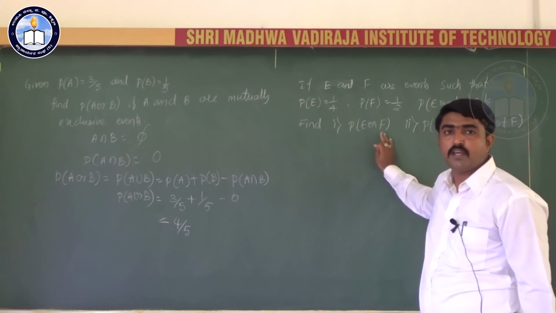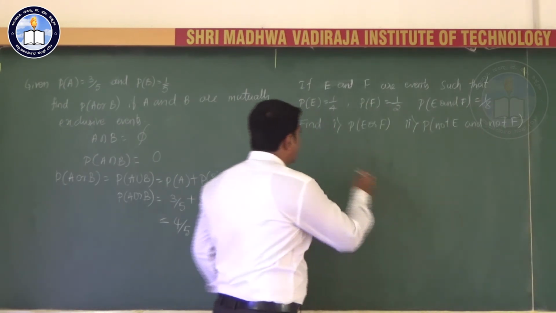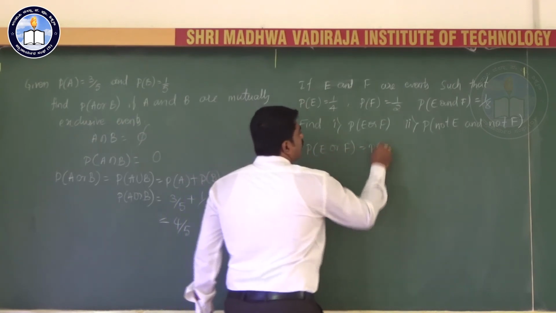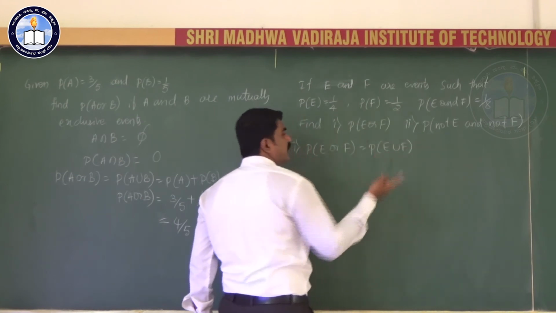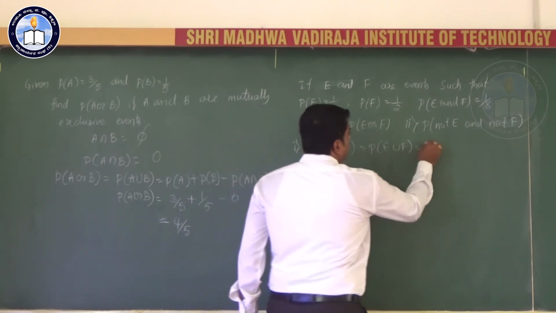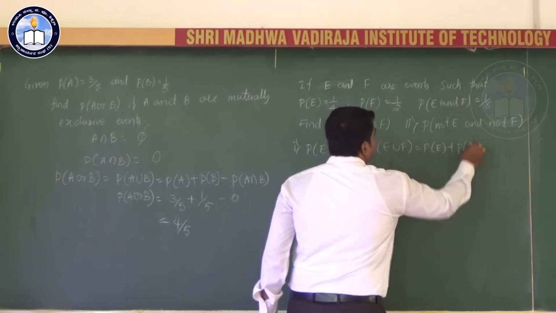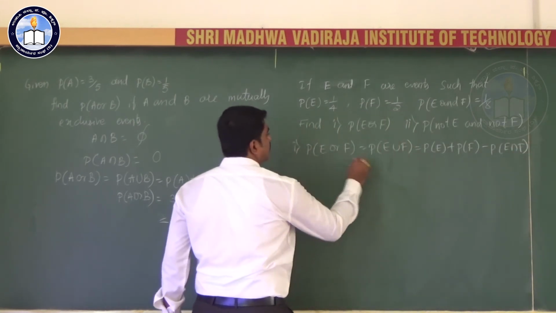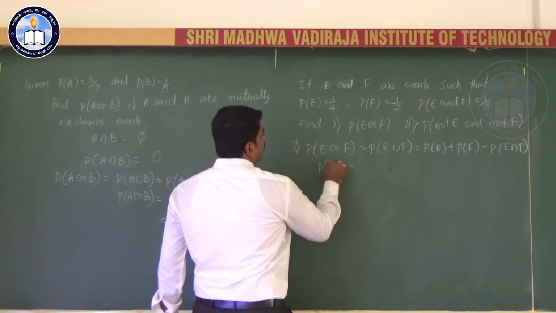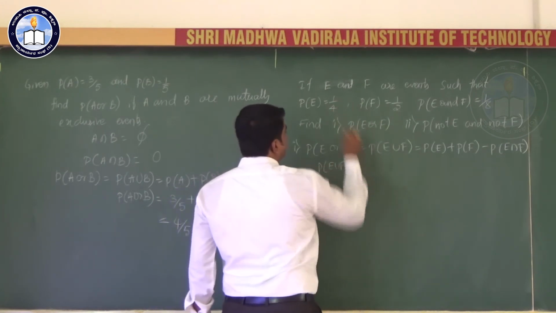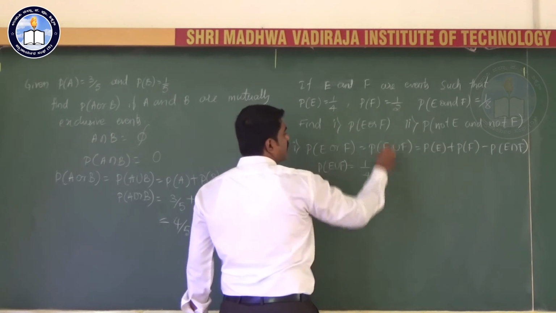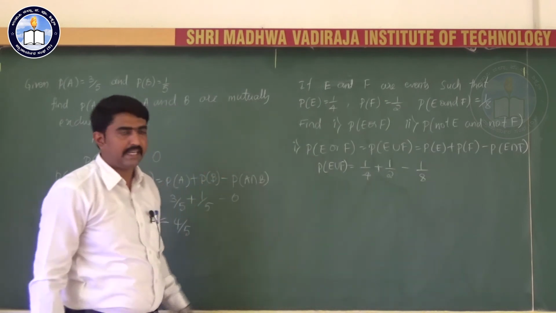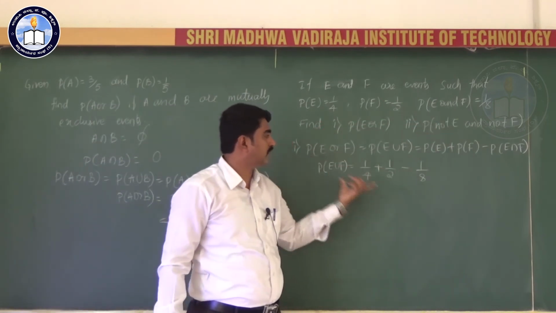We have to find P of E or F. Same formula, we know that P of E or F is nothing but P of E union F, and the formula is P of E plus P of F minus P of E intersection F. So P of E union F is P of E, that is 1 by 4, plus P of F, that is 1 by 2, minus P of E and F, that is 1 by 8. All three data are given, so the unknown we can easily calculate.